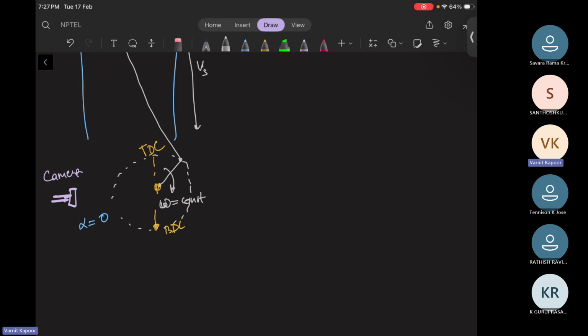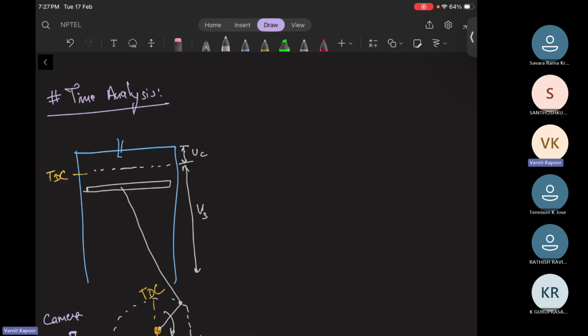So what is happening from TDC to BDC? Let me make this your TDC, this your BDC, and let us say this is the midpoint, midway. Initially when the piston was at TDC, the velocity was 0, but due to the presence of inertia, the piston is moving downwards. For some amount of length, the piston will start having an increase in velocity.